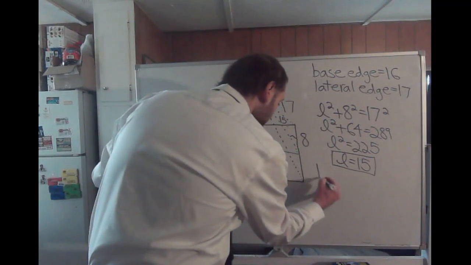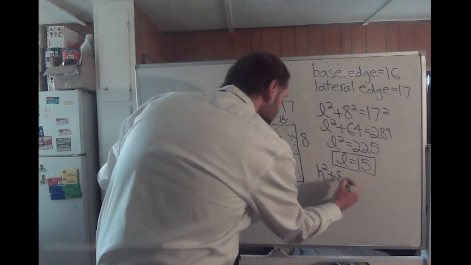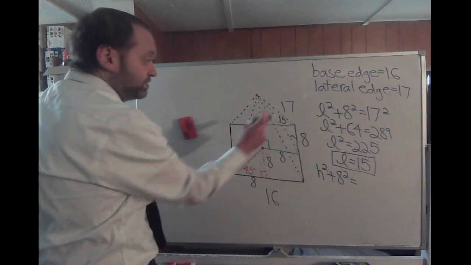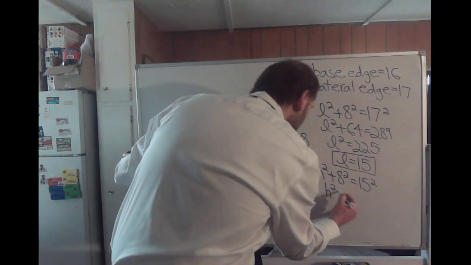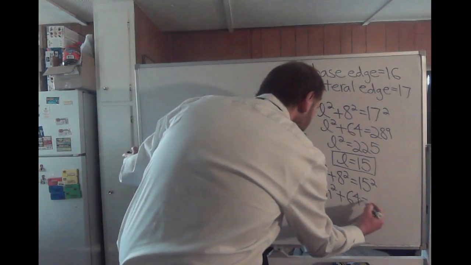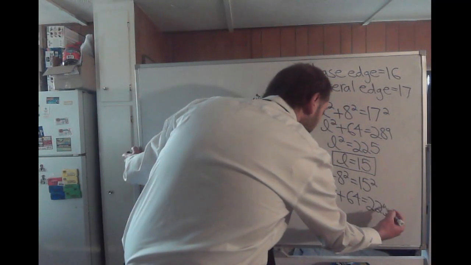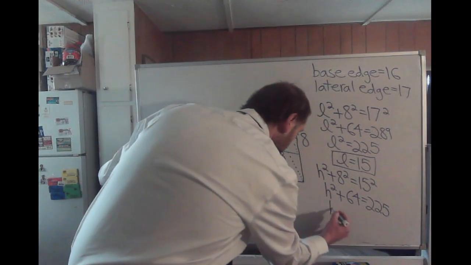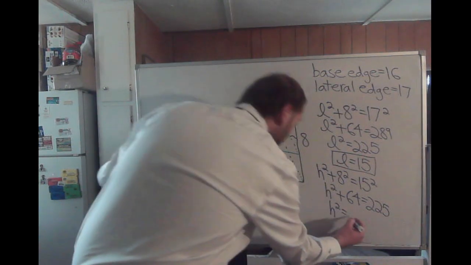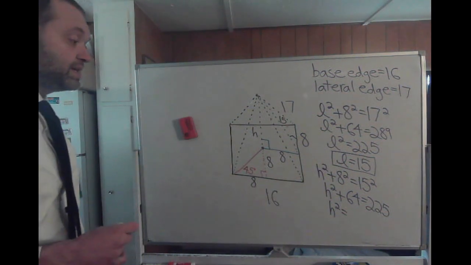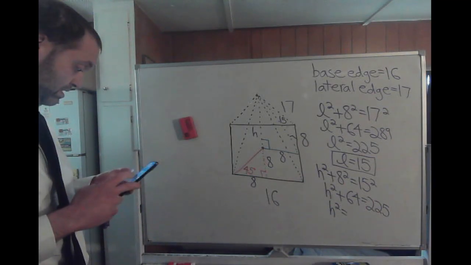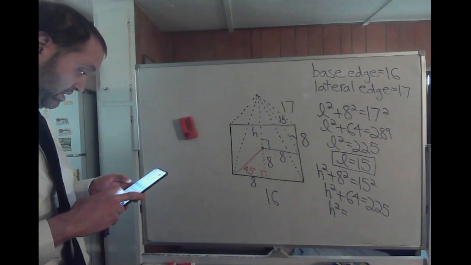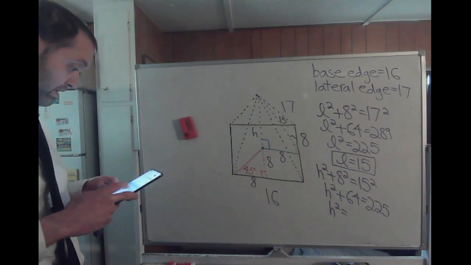So go ahead, take your height to the second power plus that 8 to the second power, set it equal to the slant height of 15 to the second power, which would give you height squared plus 64 equals 225, which would give you height squared equals, not going to be a fun number, is it? 161.